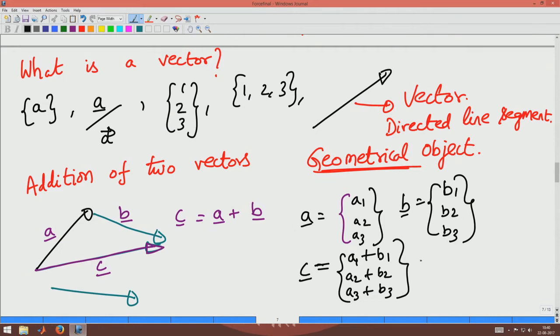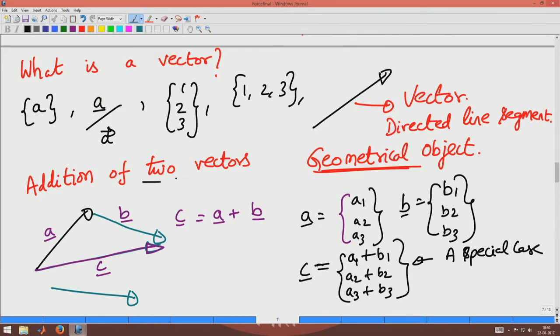This is a special case. We will see when we can write A as A1, A2, A3, B as B1, B2, B3, but what we mean by addition is the diagonal formed by the parallelogram with A and B as the sides of the parallelogram is what we mean by addition of 2 vectors.